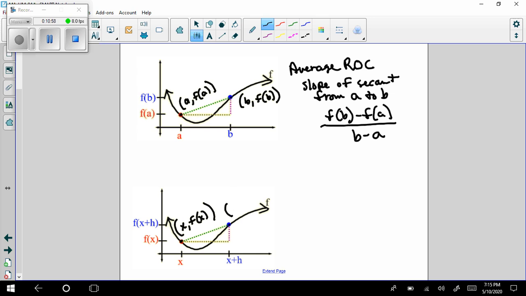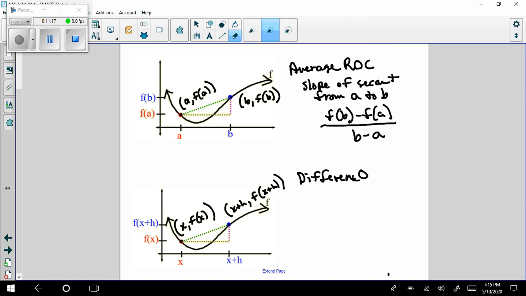So this value right here is X plus H for your X value, and f of X plus H. So difference quotient, if you recall, is, again, still the slope of the secant line, but it's going from X to X plus H with certain values. So in this case, we don't have numbers.